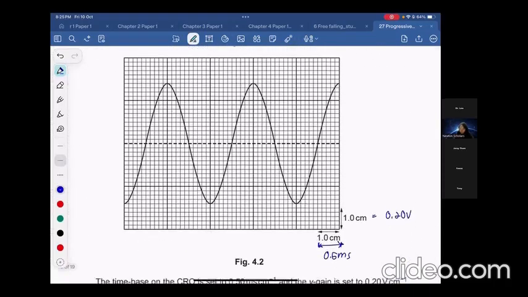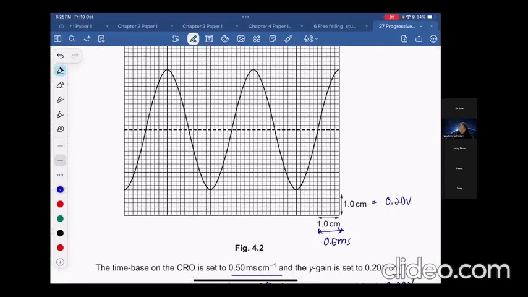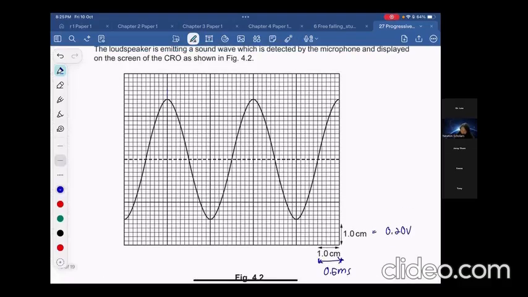Frequency, what should you do? Find the period. Period is from where to where? From crest to crest. This is called period. So you ask yourself, how many milliseconds for one period? Then from there, use the formula f equals 1 over T. Do your calculation and tell me your answer.